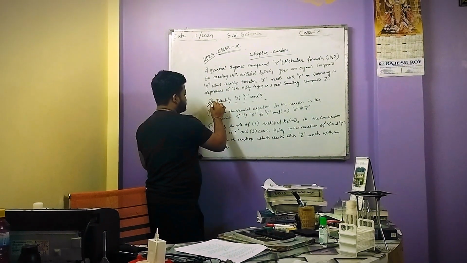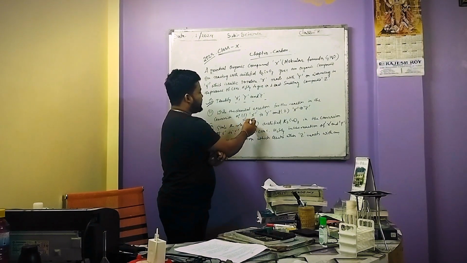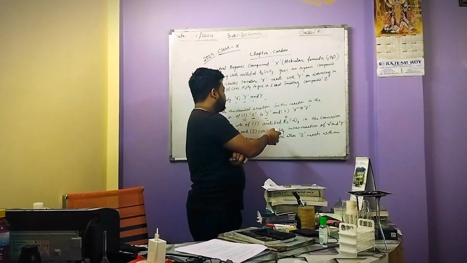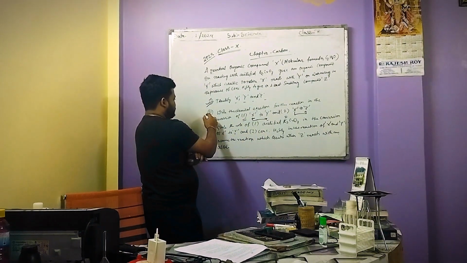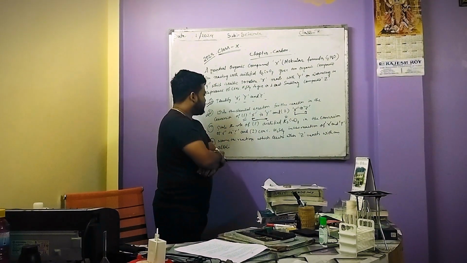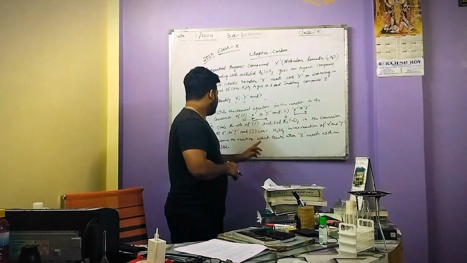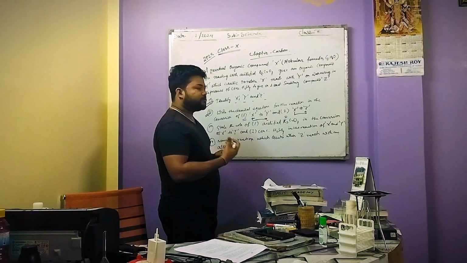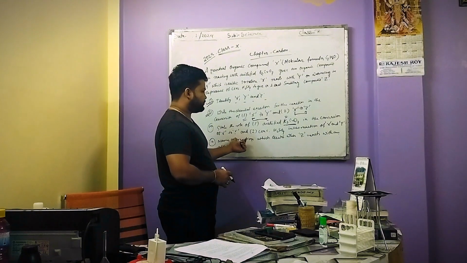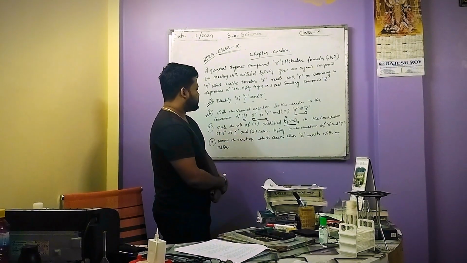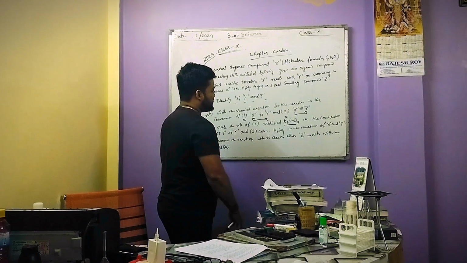Another question they have asked: write the chemical equations for the reactions in the conversion of X to Y and Y to Z. The third question is: state the role of acidified K2Cr2O7, that is potassium bichromate, in the conversion of X to Y. So we have to explain the role of K2Cr2O7 in this reaction X to Y. And secondly, they have asked the role of concentrated H2SO4 in the reaction of X and Y. Name the reaction which occurs when Z reacts with alkali.